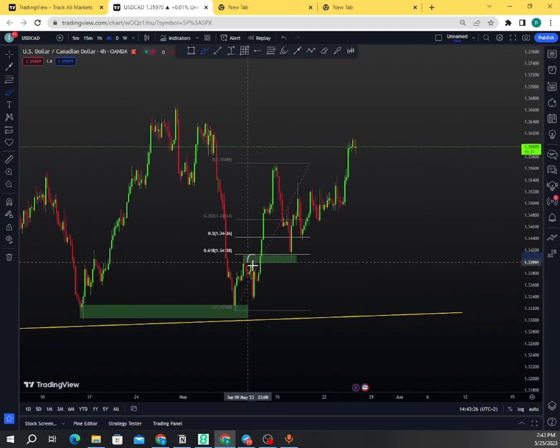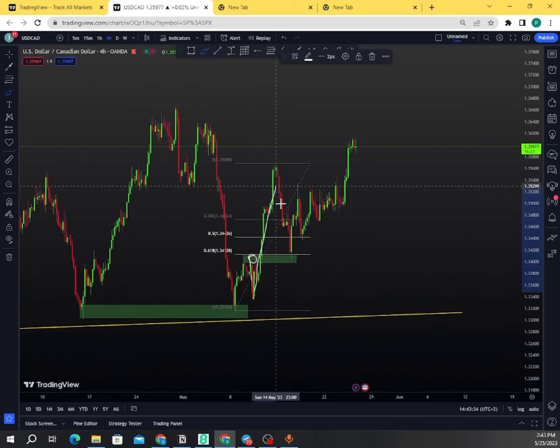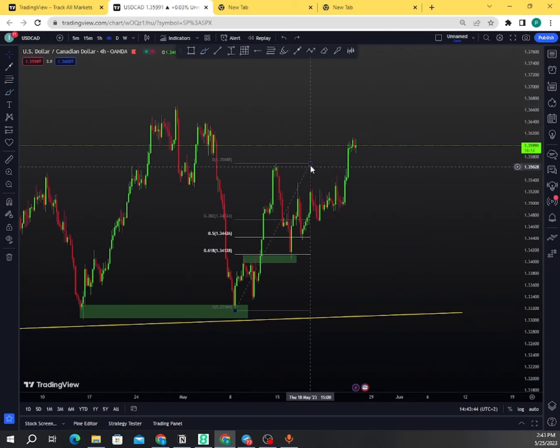Here we had a previous resistance which price came, respected, and then price went back to break that resistance, came back to respect it and turn that previous resistance into our new support. So in this case, I'm having two confluences that price might be ready to start going to the upside from this level.